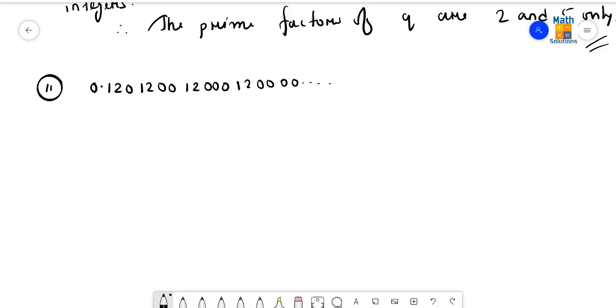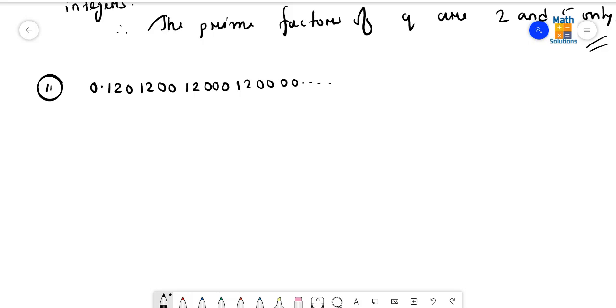So just by looking at this expression, we can say that this is non-terminating. It is very clear because behind this number dots are there. And whether it is repeating or not, yes, the number 12 is repeating. The part 12 is repeating in every case, but the number of zeros is different, so we cannot consider that it is repeating. So ultimately it is a non-terminating, non-repeating decimal expansion.